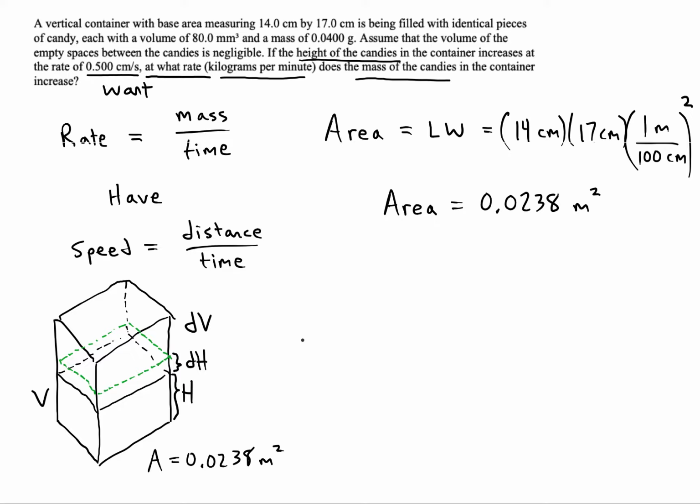Let's see. So how is the speed related to dh? Well, you'd say that the speed could be written as dh over dt, the change in the height of the column with time. And so it's going to be 0.5 centimeters per second, but I don't want it in centimeters, right?